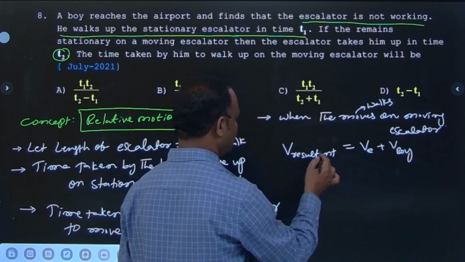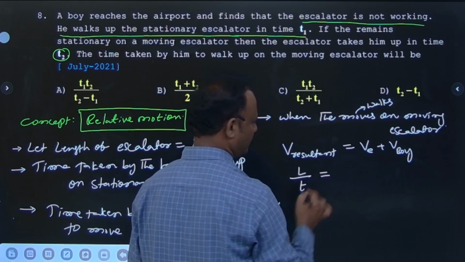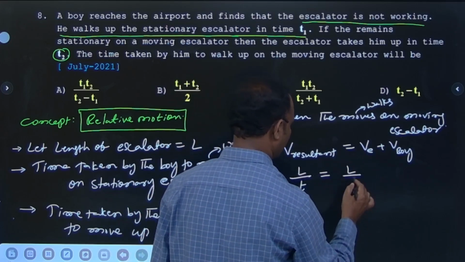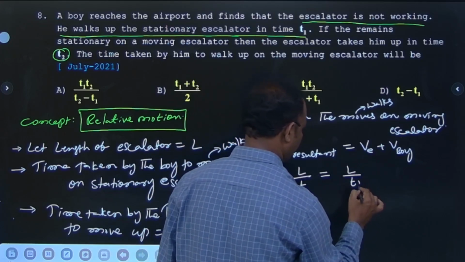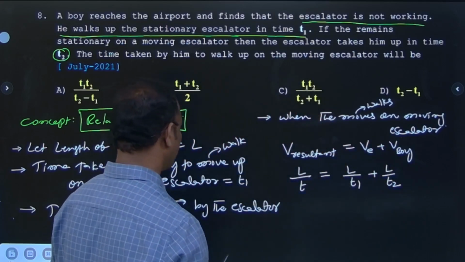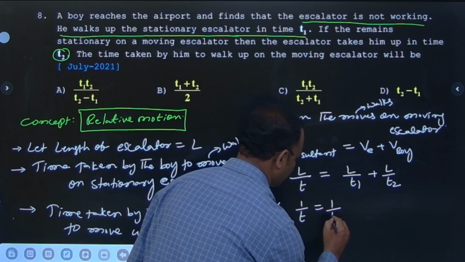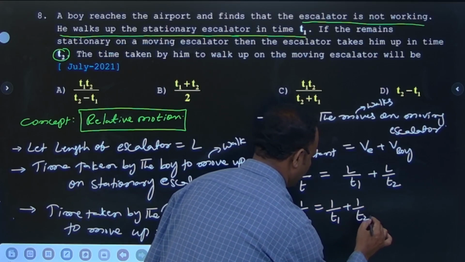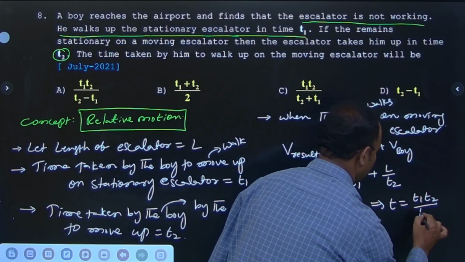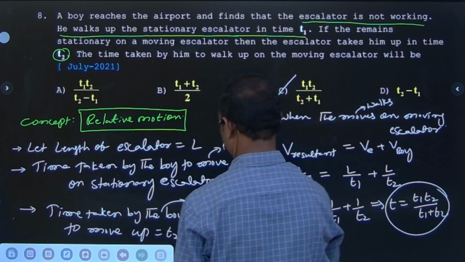Velocity means displacement by time, and T is the total time taken in this relative case. So L by T is equal to L by T1 plus L by T2. Here 1 by T is equal to 1 by T1 plus 1 by T2. Then T is equal to T1 T2 by T1 plus T2. So the answer is C.